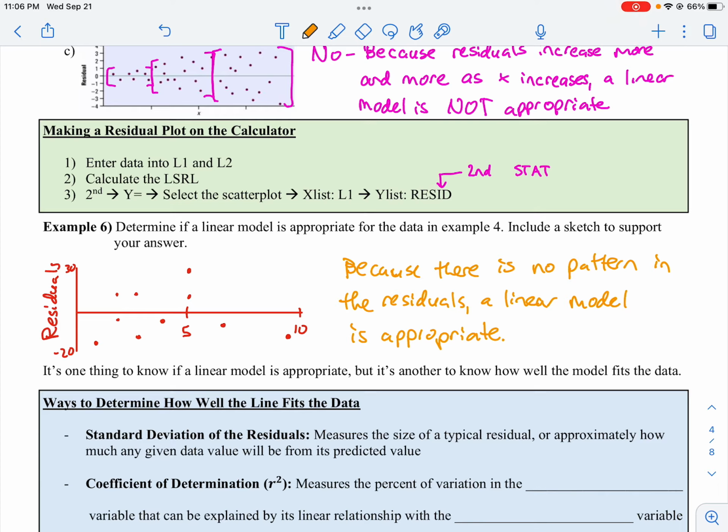Okay. Residual plots, no pattern, good. Linear works. Pattern, no good. Linear is not appropriate. Okay?